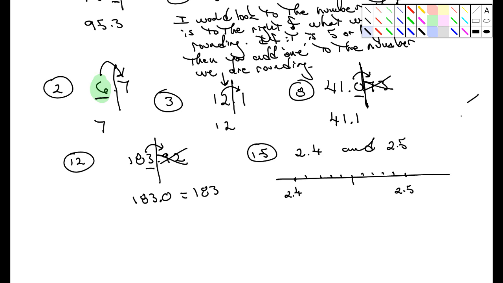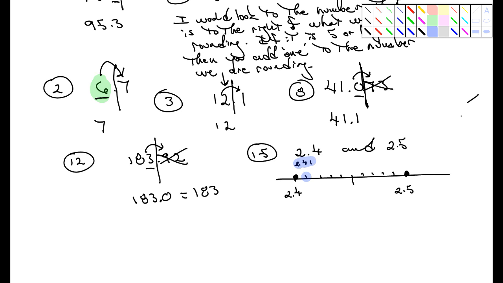Okay. So here is 2.5 right there. Here's 2.4. Where do you think 2.41 would be? Okay, 2.41 would be right here. Here's 2.41 right there.